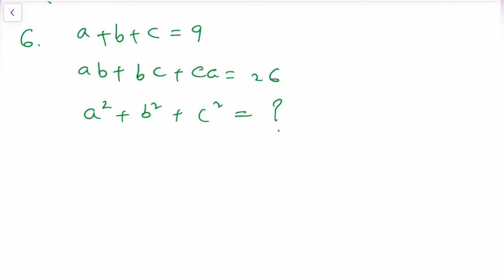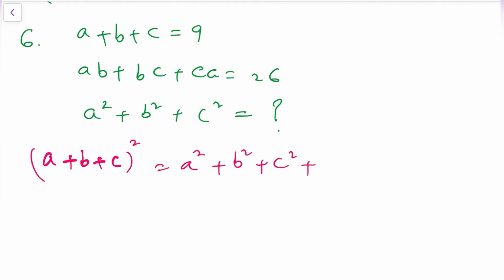So I will take that formula now. A plus b plus c whole square, so a square plus b square plus c square plus 2ab plus 2bc plus 2ca.